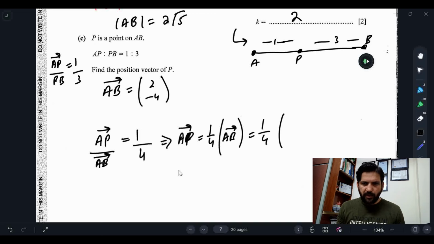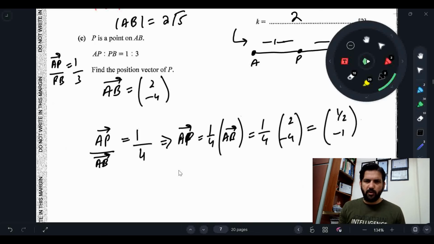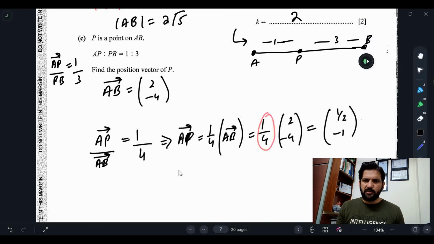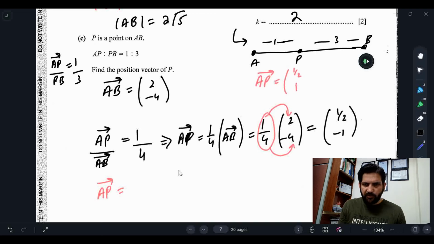We know the coordinates of AB, (2, -4). So if we simplify it, this will be (1/2, -1), because we have to multiply 1 by 4 with 2, as well as 1 by 4 with -4. Now finally we can conclude that the coordinates of AP are (1/2, -1).